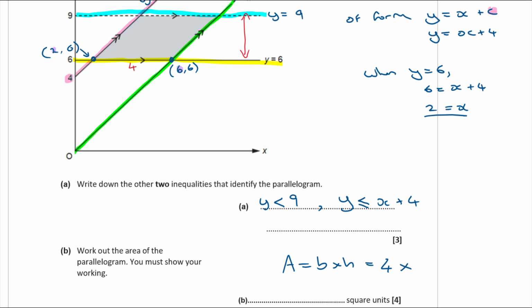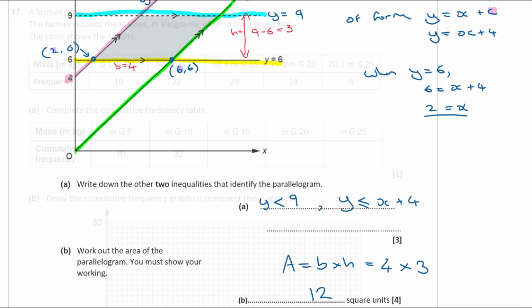We've got y is equal to 9 and y is equal to 6. So 9 take away 6 is 3. So the height then is going to be 3. So the base is 4, the height is 3. So then the area is going to be 12 square units.